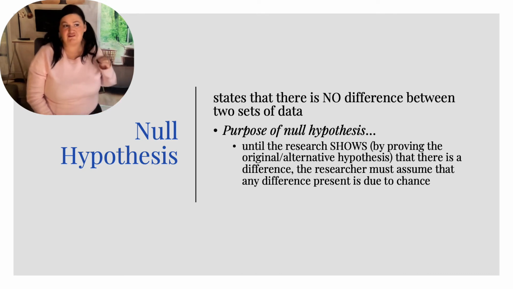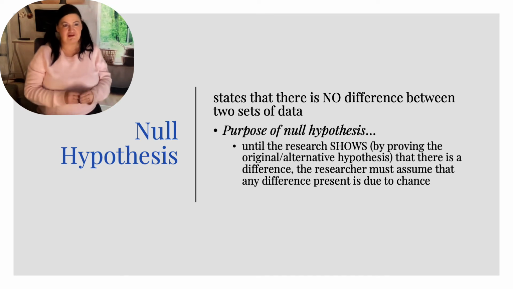The purpose of the null is that until the research shows by proving the original hypothesis that there is a difference between your two variables, the researcher must assume that any difference present is due to chance until the end, when they know that they've proven it every time they've tested it. They have to assume that the difference is due to chance, or else there's bias involved. Okay? So let me give you an example of null hypothesis.